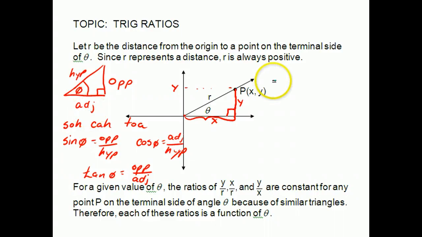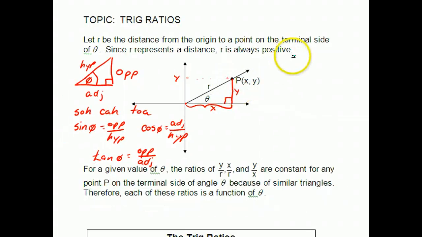So we're just going to rewrite these trig functions in terms of x and y. You have the note below here. I'm just going to write them on the side so we can see what's going on. So now my sine of theta is going to equal my opposite over my hypotenuse, which is now y over r.